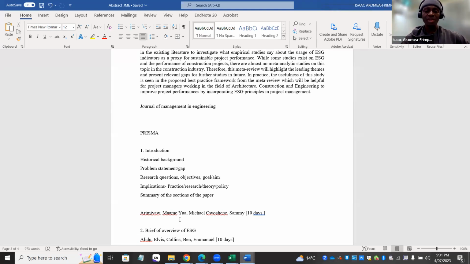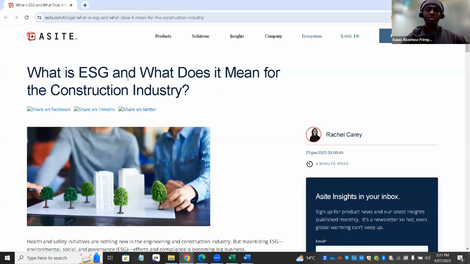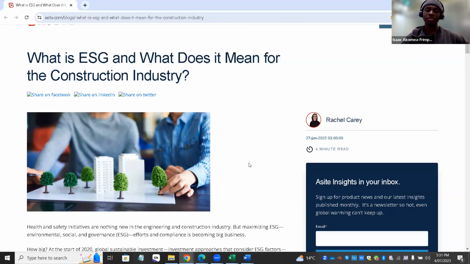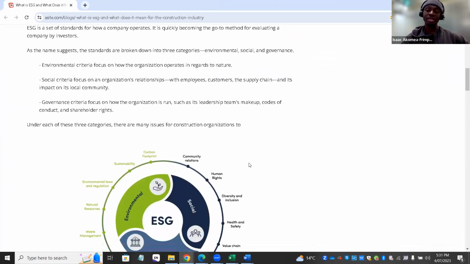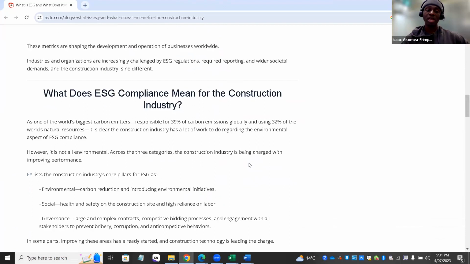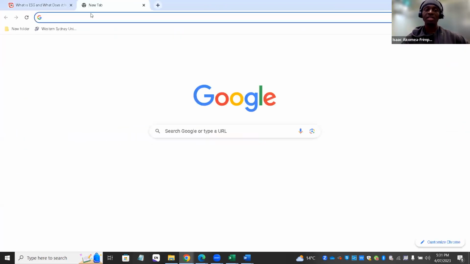Good. So here, I will encourage you to look at more, just do a Google search. For example, this thing I was searching yesterday: what is ESG and what does it mean for the construction industry? When you read something like this, it will give you an idea about how to go about writing it. There's not only this one. I think there are a number of them.